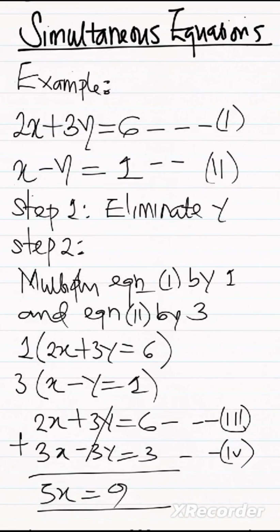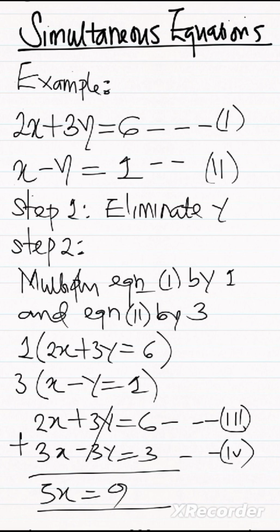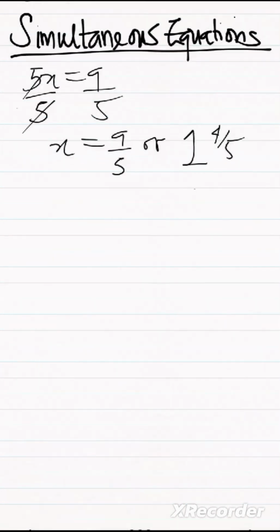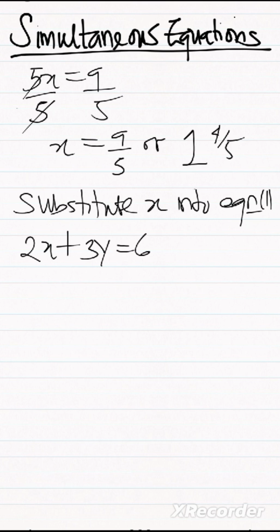So if we decide to use equation 1, for instance, which is 2x plus 3y equals 6, we will substitute x into equation 1. Okay, so we'll now have 2, instead of writing x, we'll write 9 over 5, which is now the value of x, plus 3y equals 6.